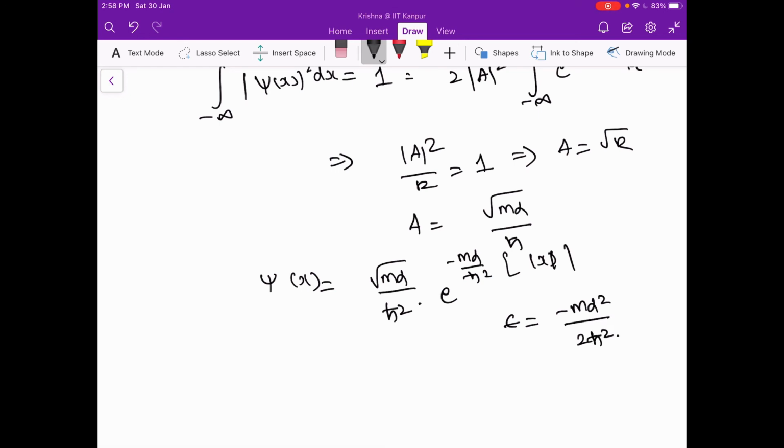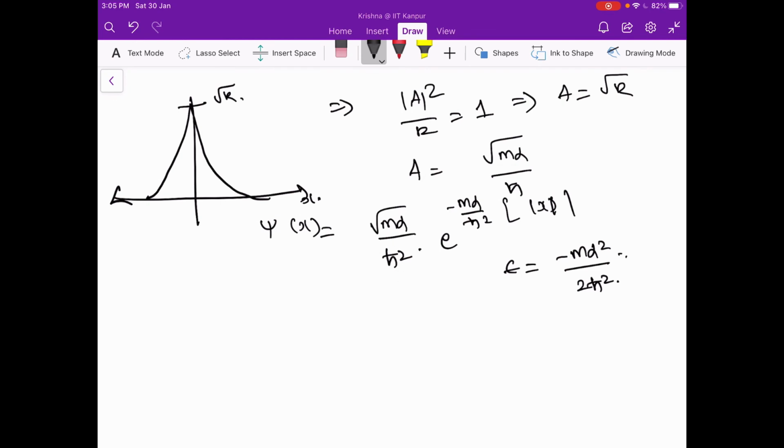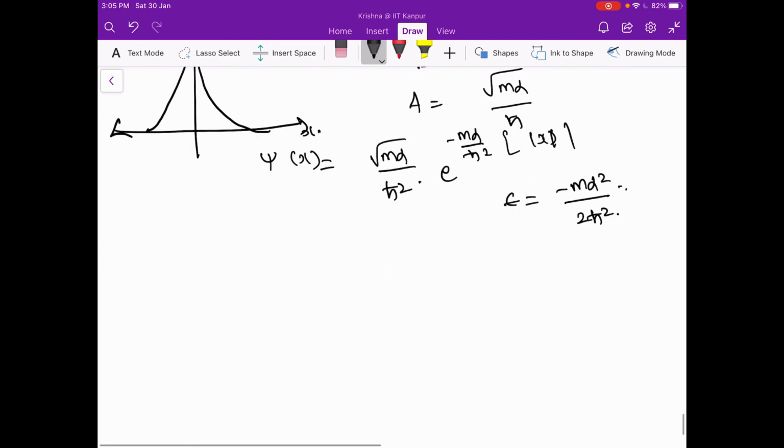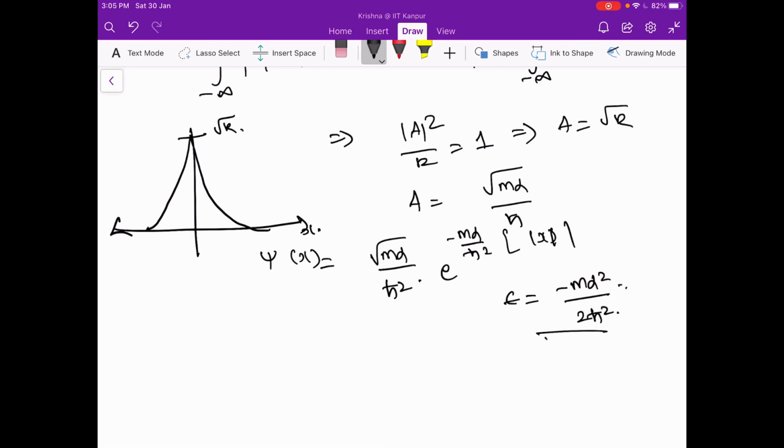So if I plot the bound state solution, this is root k, this is x. So we have found the solution for a bound state which is unique.